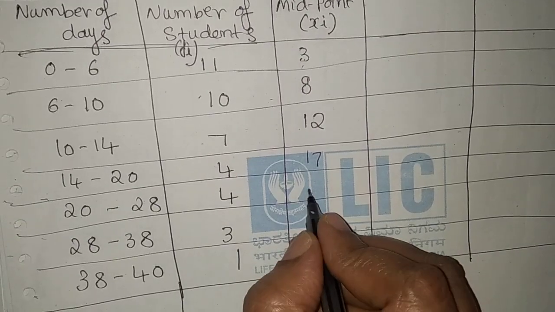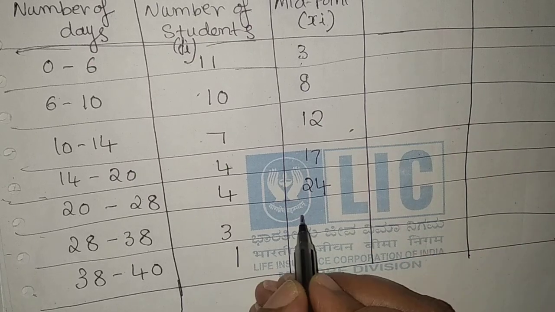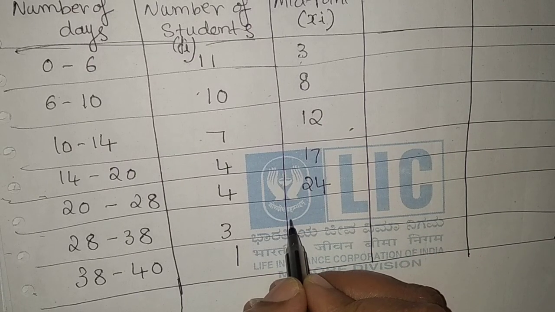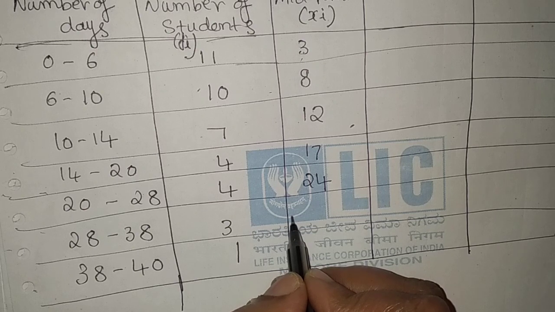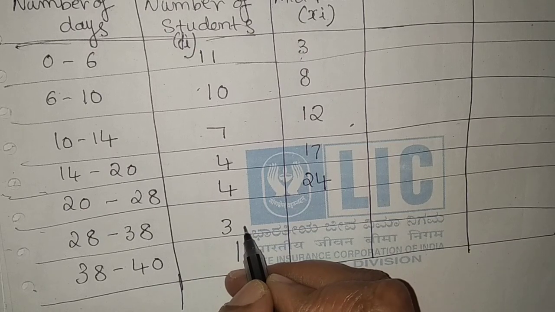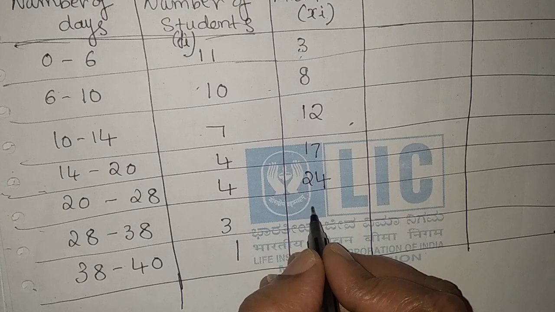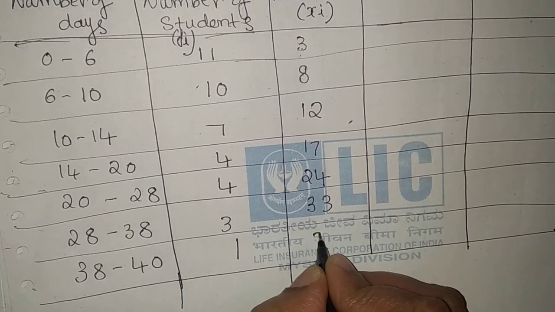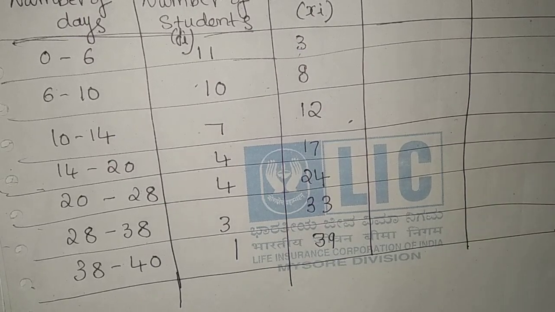Then 20 to 28 will be 24, midpoint. Then 28 to 38, just check in the book. Yeah, 28 to 38 will be 33, and 38 to 40 will be 39.